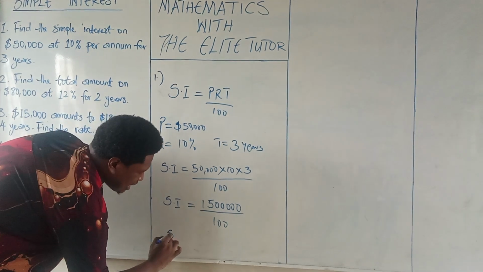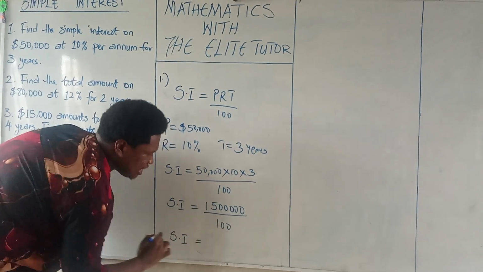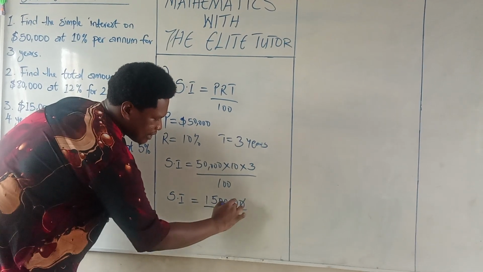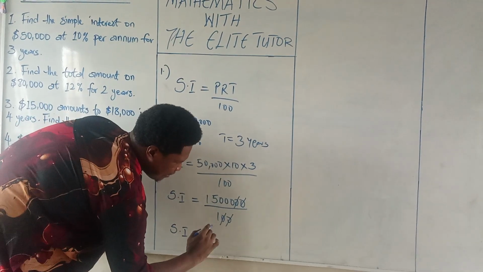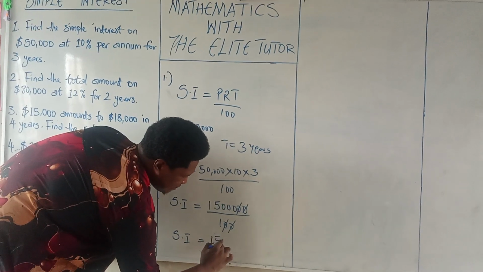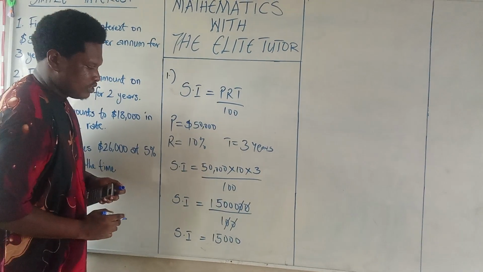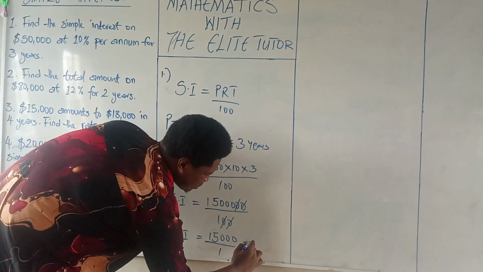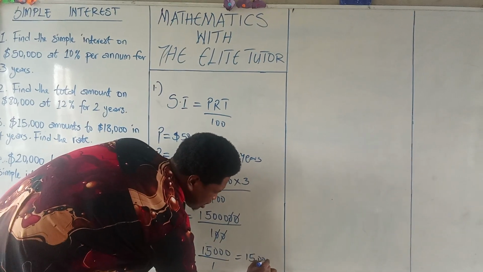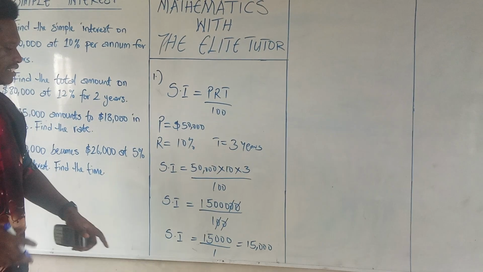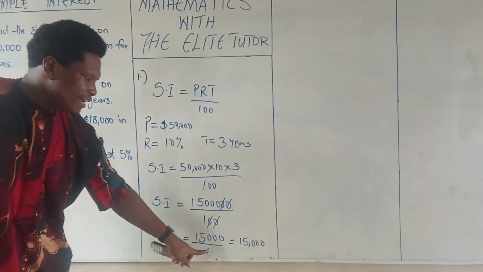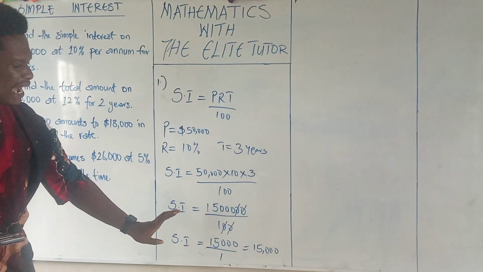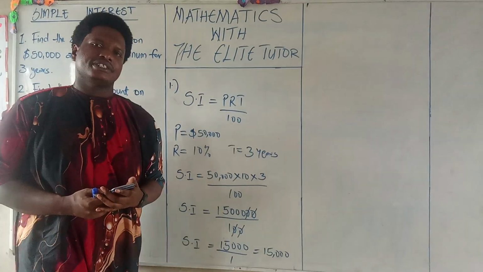So for our final answer, let's divide: we cancel 0, we cancel 0. At the end we have 15,000 divided by 1, which still gives us 15,000. So that means our simple interest is $15,000. This is how we ascertain our simple interest.